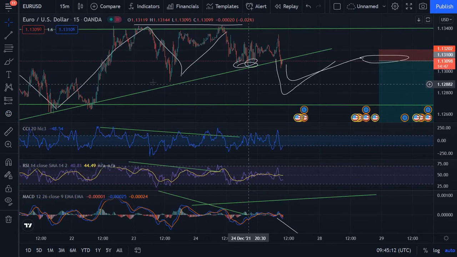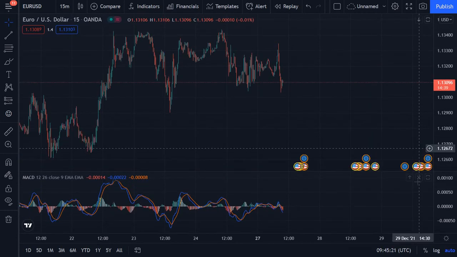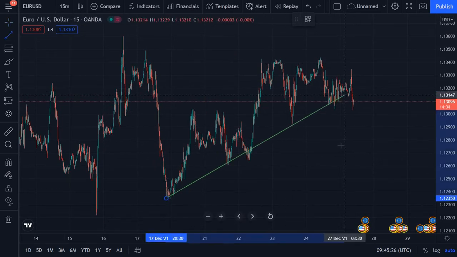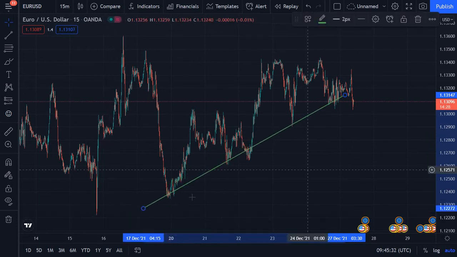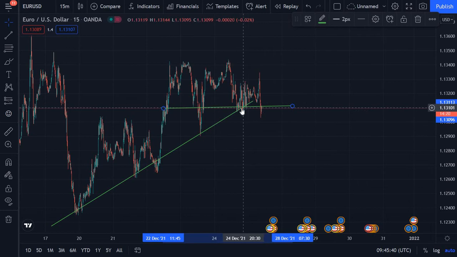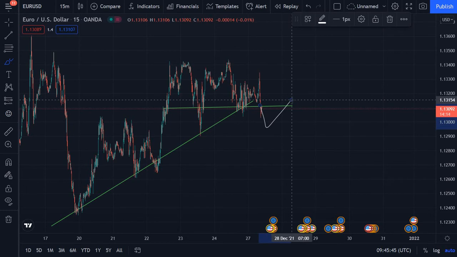So if we draw quickly, if we get rid of all those kind of things, here what happens often, well, the trend line here a little bit dirty, so if we break these lower higher low, then what often happens is a retest to the previous support area somewhere around here.